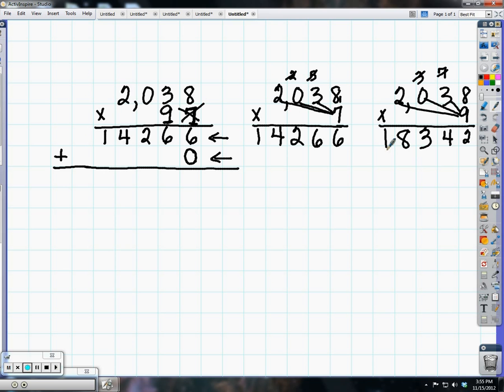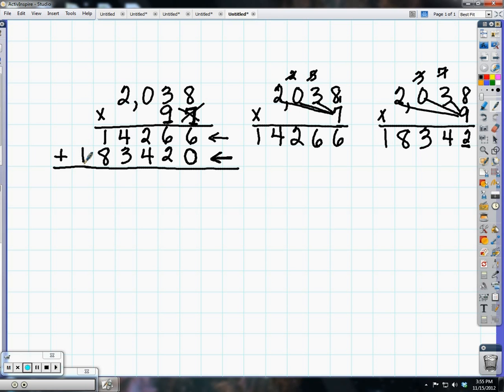Put down the 18. So 18,342 has to go in front of the 0 that you have here. So I'm going to start working from the back. 2, 4, 3, 8, 1.